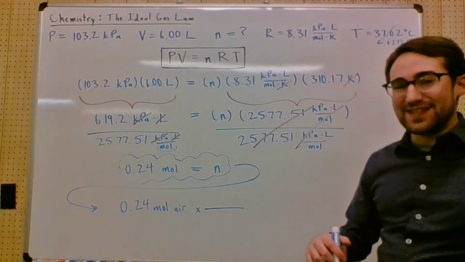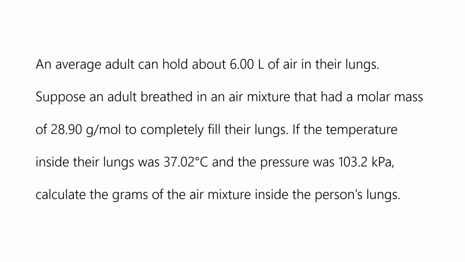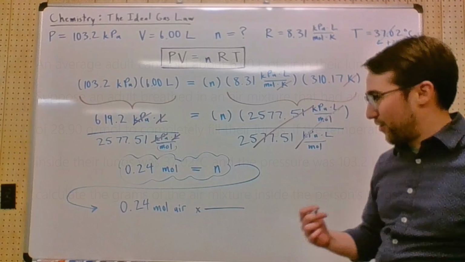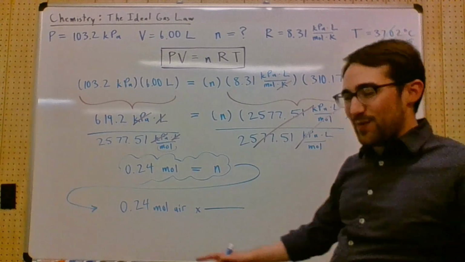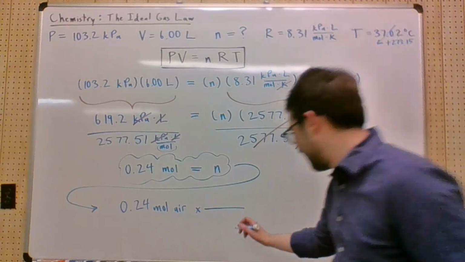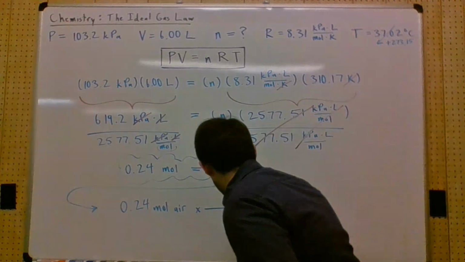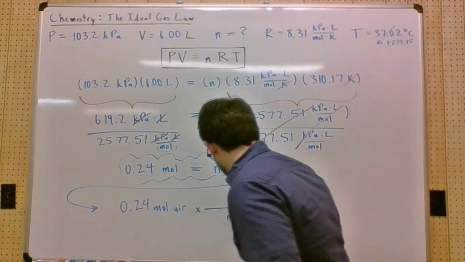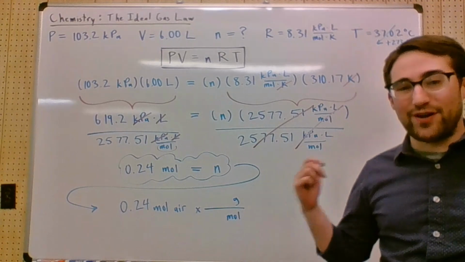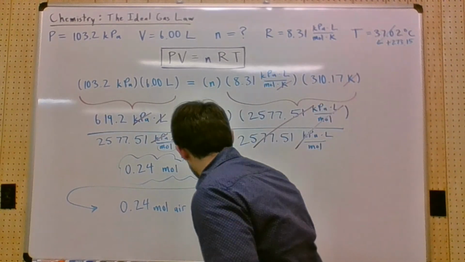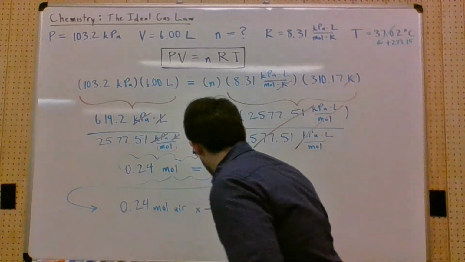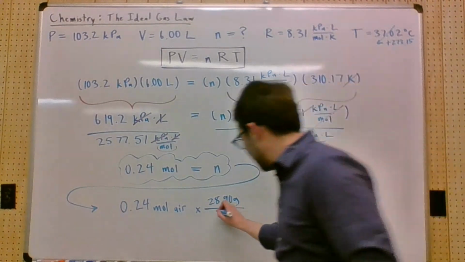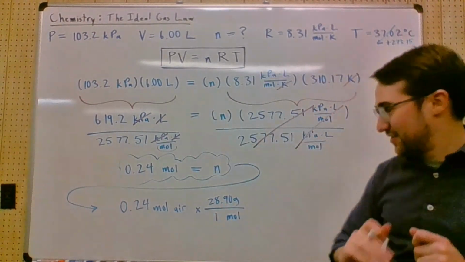Okay? So since our molar mass in this case is 28.90 grams per mole, I want moles on the bottom, so they'll cancel. Therefore, I want my new unit of grams on top. And there are 28.90 grams per mole. We're one with moles.